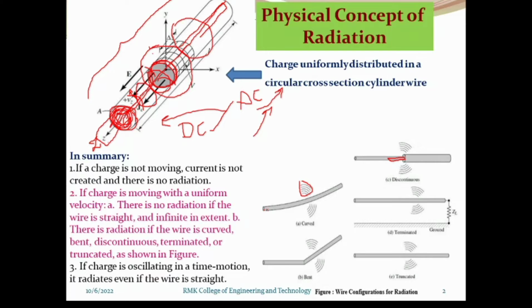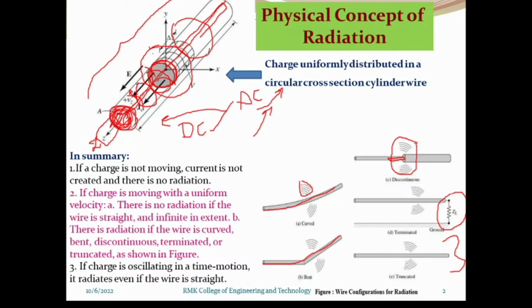If you bend the wire, there is radiation. If you curve the wire, there is radiation. If it is truncated, there will be radiation. If it is not properly matched, the signal will escape. And if two different diameters are joined together, you have some disturbance at that point.